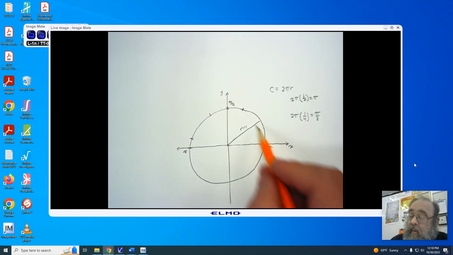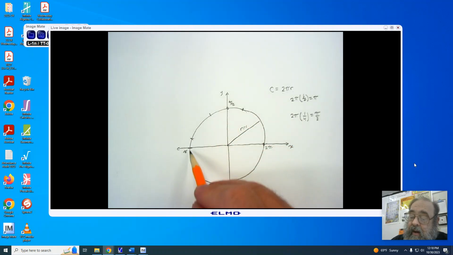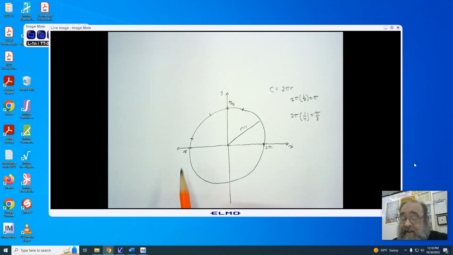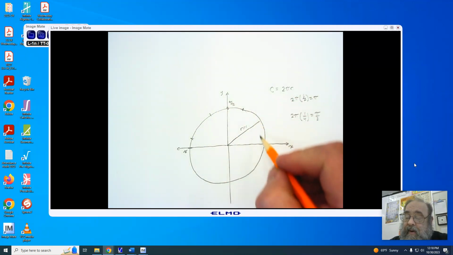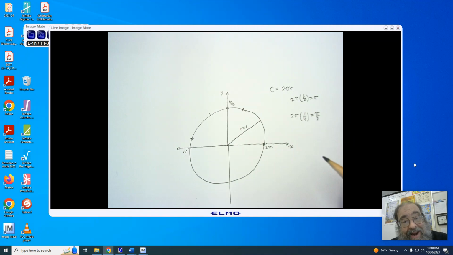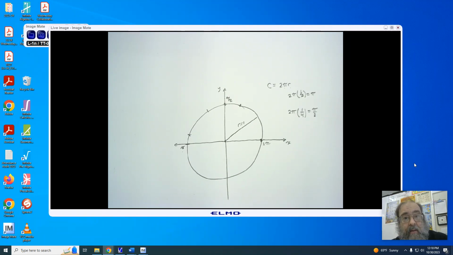I'm looking at 1, 2, 3, and this last little bit is .14159, etc., because that's what pi is. Notice the circumference is divided up into lengths of the radius, and the length of our radius going around the outer edge of the circle, the circumference, is what we call 1 radian.